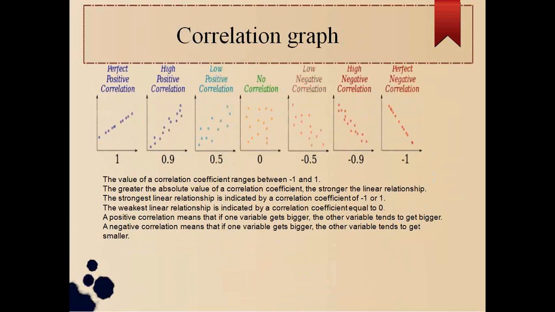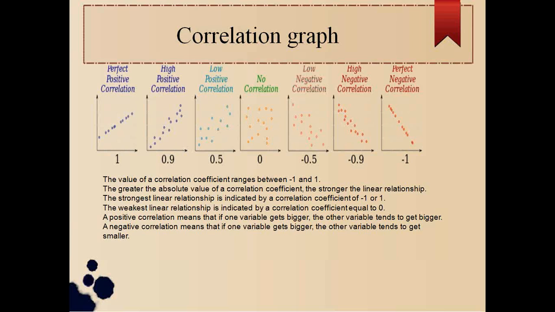Let's see the correlation graph. If we get a value of 1, it is a perfect positive correlation, meaning the two numbers are highly correlated: if one is increasing, the other is also increasing. If the correlation coefficient is negative, we have a perfect negative correlation: one is increasing, another is decreasing. If the correlation is 0, there is no correlation, so all the values are haphazard. These are the scatter plots for each correlation coefficient.